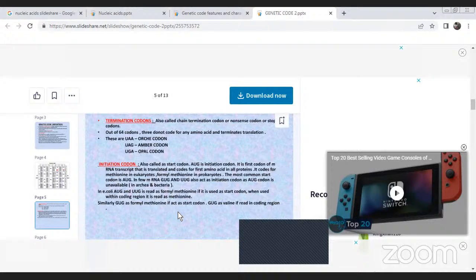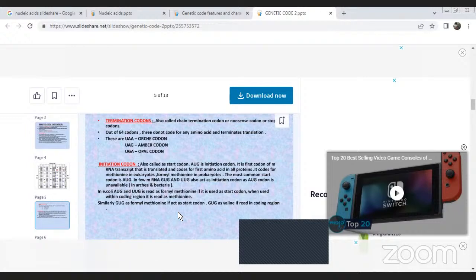The most common start codon is AUG, and in a few mRNAs, GUG and UUG also act as the initiation codon. AUG is unavailable in some archaebacteria, where UUG acts as the initiation codon.